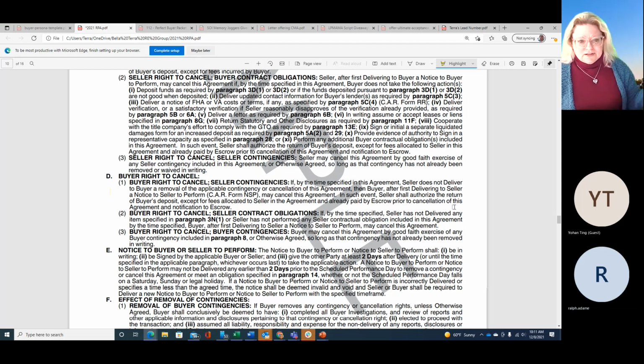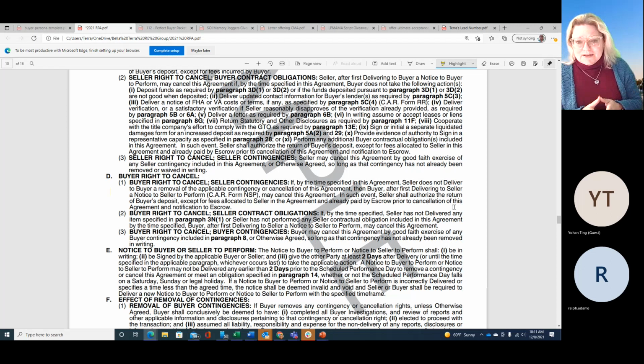Yes. So if the seller hasn't found their replacement property, they release the deposit and can only keep any fees that have already been paid by escrow. Okay, buyer's right to cancel seller contract obligations.